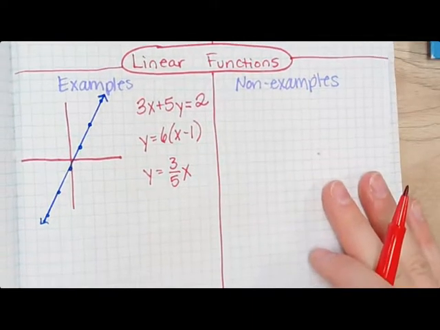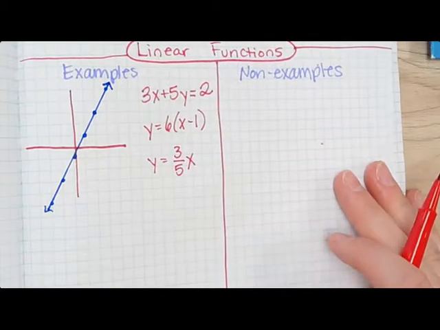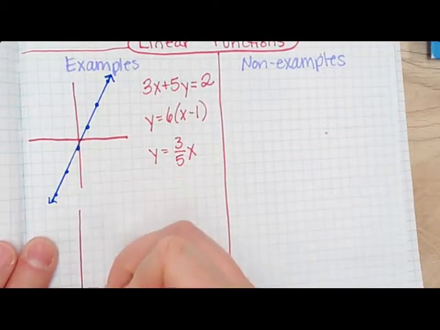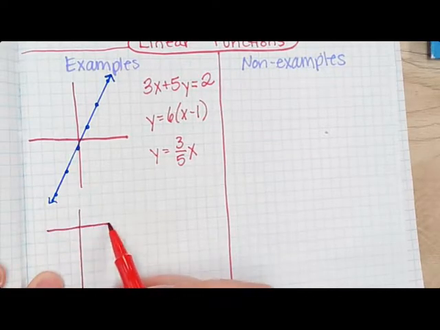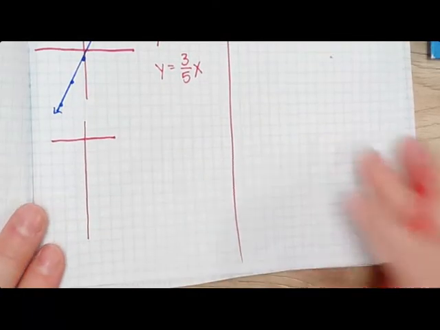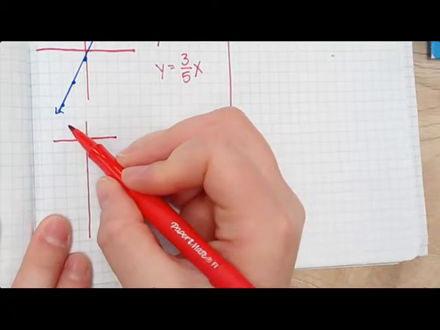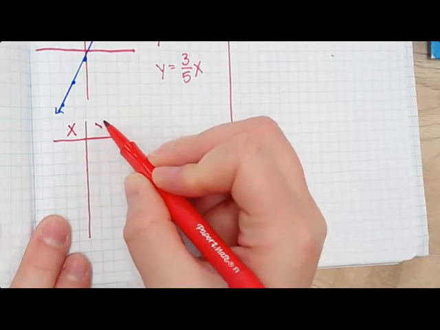Okay, and then the next thing is dealing with a table of values. So let's make a table of values. Table of values has x on the left, y is on the right.